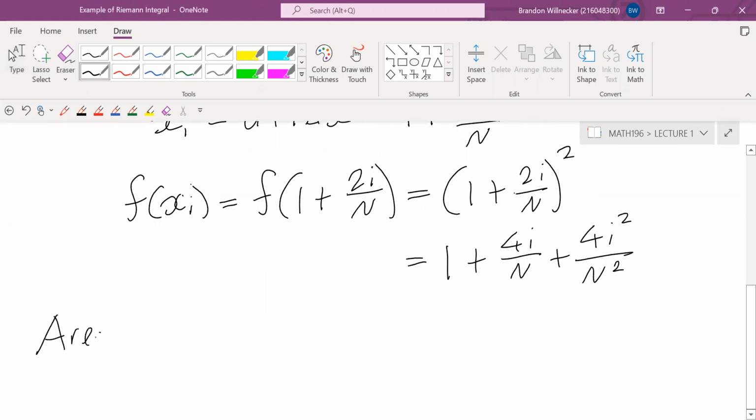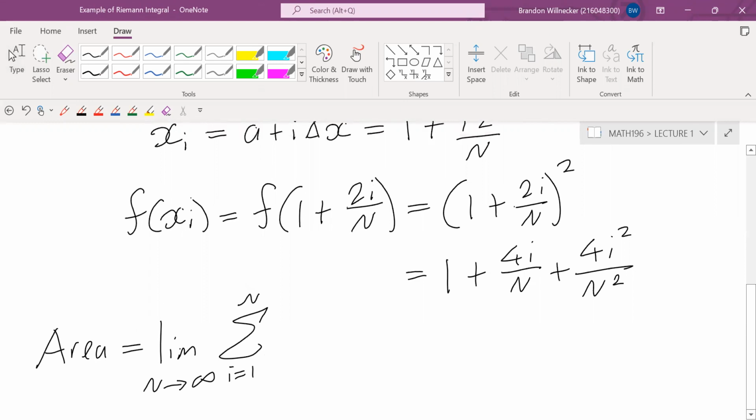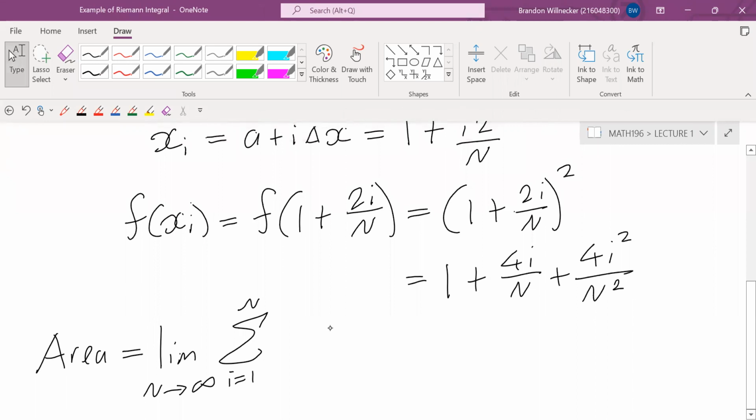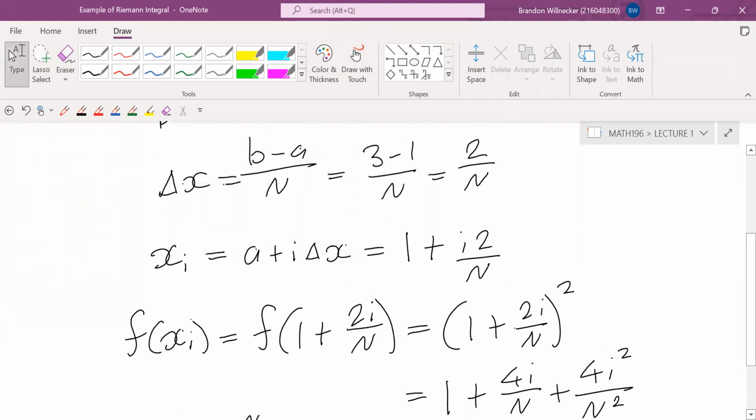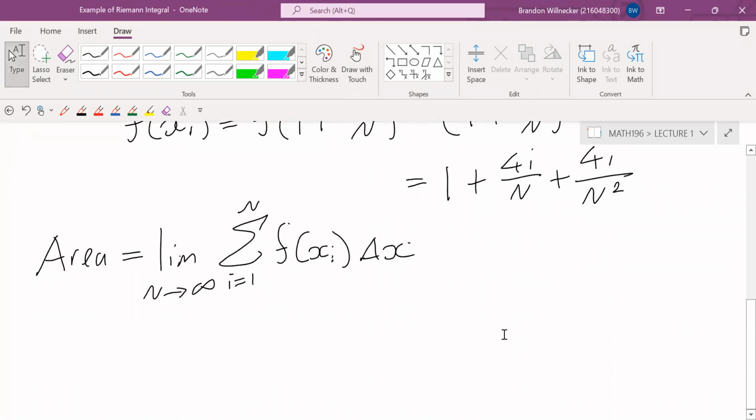So the area, remember, in terms of the limit of the sum, so that's going to be the limit as n goes to infinity of the sum as r goes from 1 to n of the area that was base times height. So that's f of xr for the height, delta x for the base. Okay, so we calculated all of these things already. So let's just substitute.